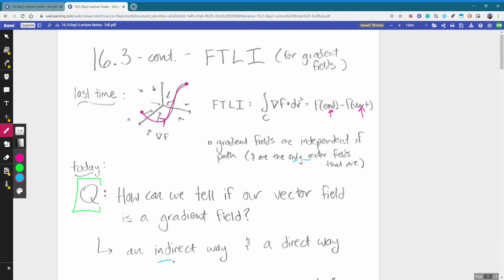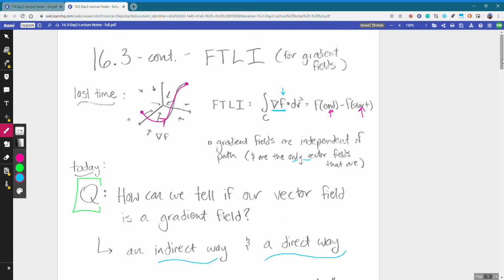One is an indirect way, where we can somehow tell if it's a gradient field, but we don't necessarily know the little function f whose gradient is our vector field. And the second is a direct way, where we just kind of put on our work gloves and try and find this function, little f.